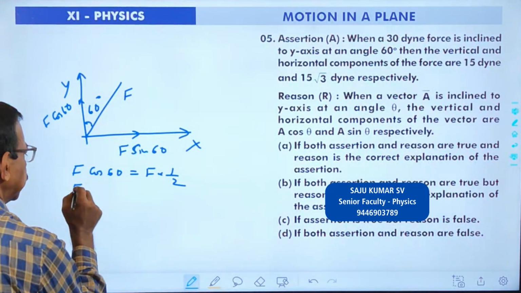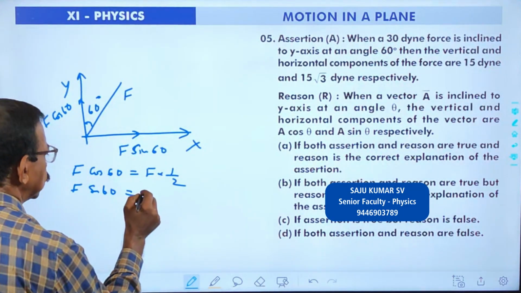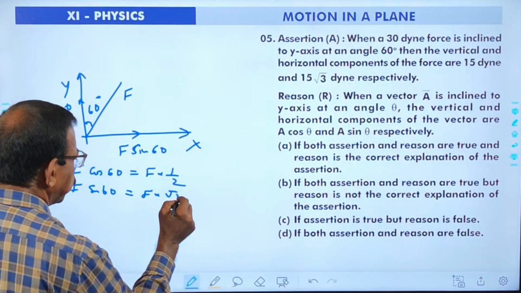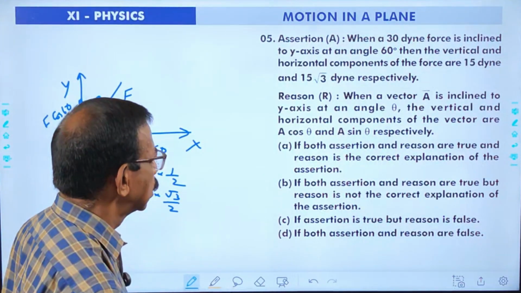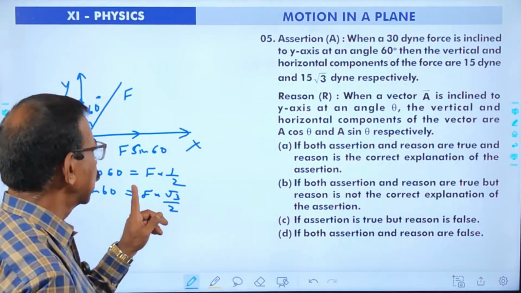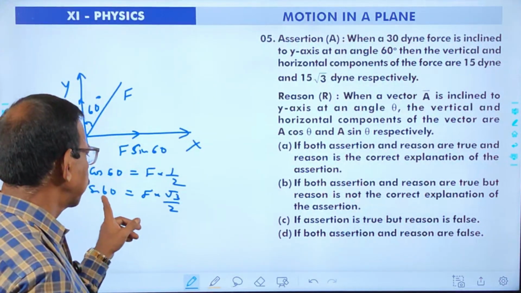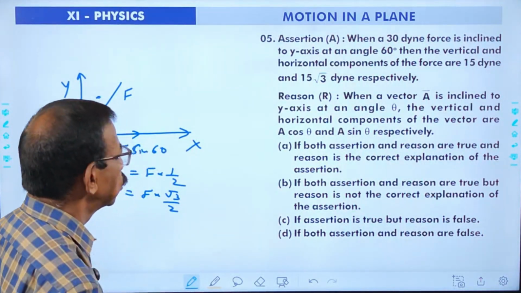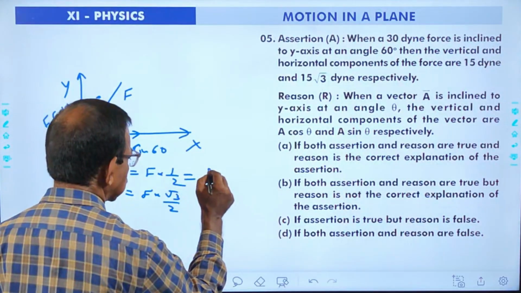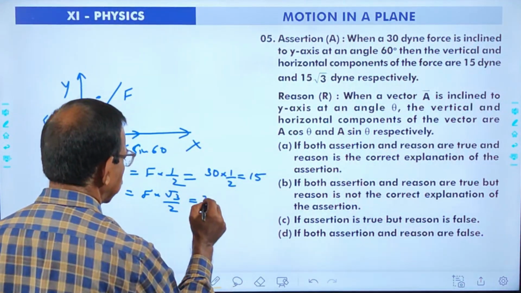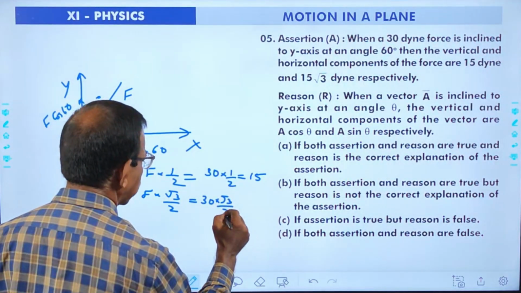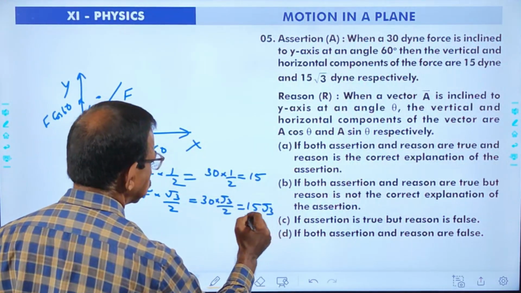F sin 60 means F into root 3 by 2. That is, the vertical component will be F cos 60, it is F by 2, and the horizontal component will be F sin 60, F into root 3 by 2. Here F is given as 30. 30 into 1 by 2 is 15. Here 30 into root 3 by 2 means 15 root 3.